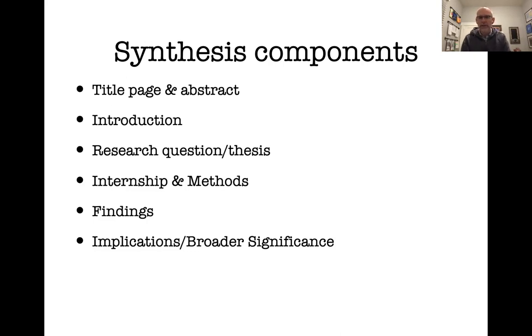But then those findings are supported by evidence. You compare and contrast them with the other scholarly knowledge on the topic, those citations and references, and you bring in the data and other anecdotal observations that you can make.